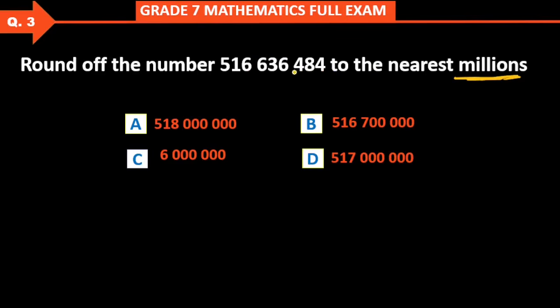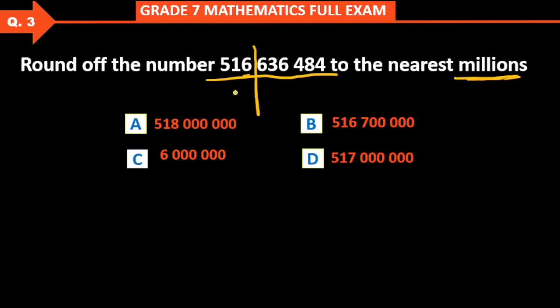Remember that this is just the units digit, this is the thousandth digit, and this is now where the millions start, because we have these ones as ones, tens, hundreds, thousands, tens of thousands, hundreds of thousands, and millions is here. So what we do is that we place a line, or rather a mark, just after the millions place value right there. That is where we place a mark, and then we go ahead and make our judgment.